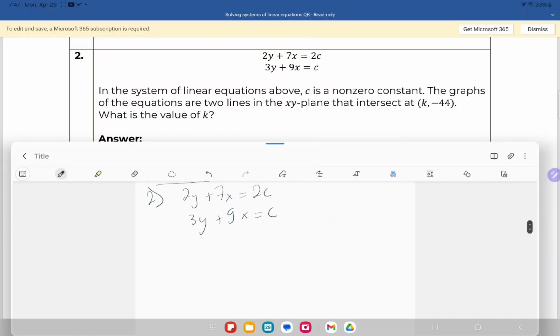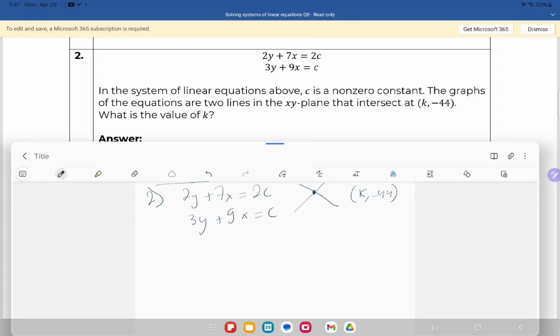Now, if I have 2 lines that are intersecting at the same point, what can I say about these 2 lines? This point is on this line, and this point is also on this line, so they have a common point. This common point is my (k, minus 44).